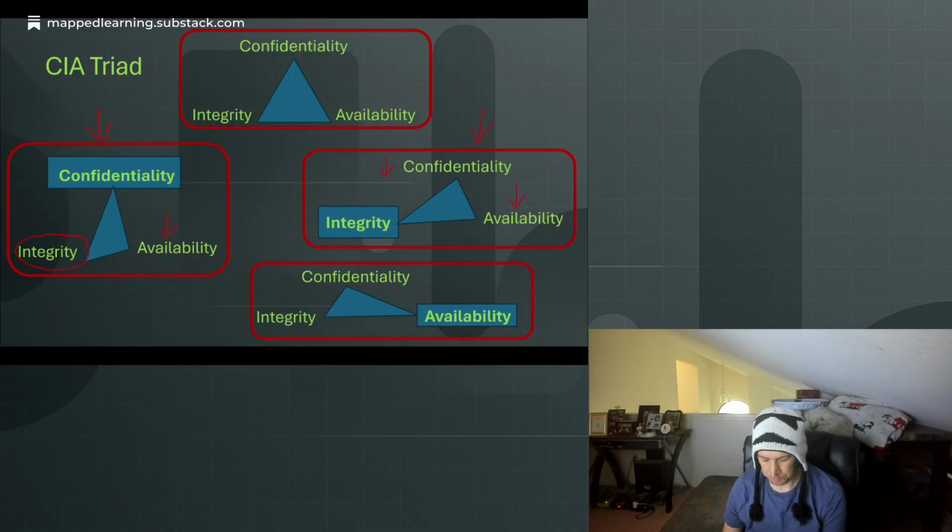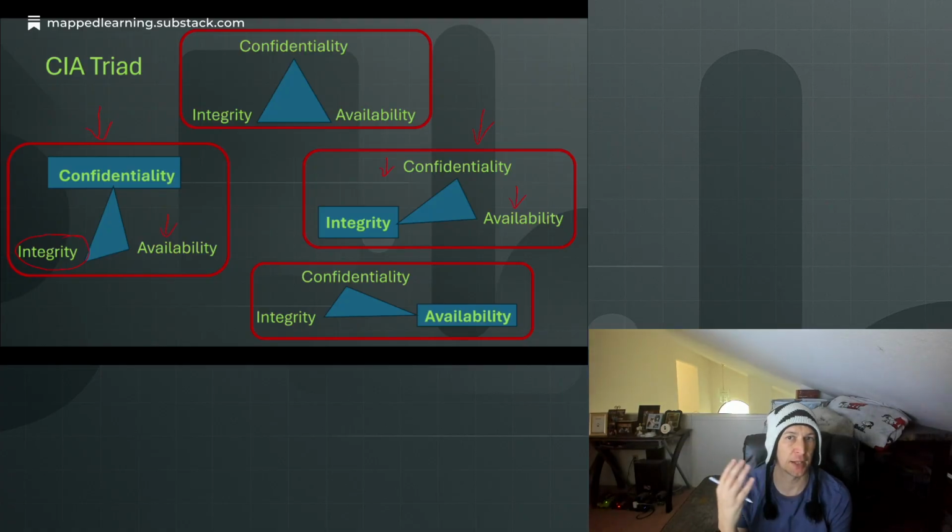And then finally, if I increase the availability, and this is really important to understand as far as availability goes. Remember that I said availability is being able to access the data that you need when you need it.